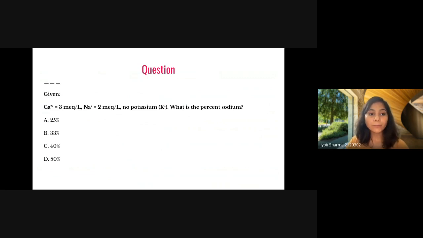If we have the calcium and sodium and we do not have potassium, can you calculate the percentage sodium? So the percentage sodium will be 2 upon 3 plus 2, right? This will be in milli equivalent per liter.